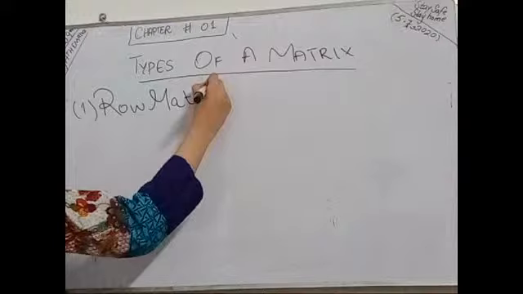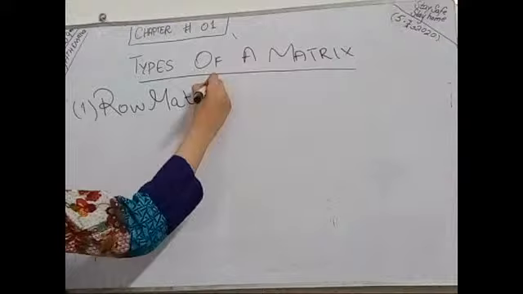Number of rows should only be one in a row matrix, but number of columns can be more than one. Like how many columns are there in this matrix? 1, 2, 3. There are total 3 columns and 1 row. The condition for a matrix to be a row matrix is that it should have only one row. It can have more than one columns but one row.